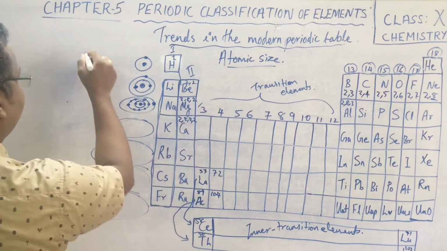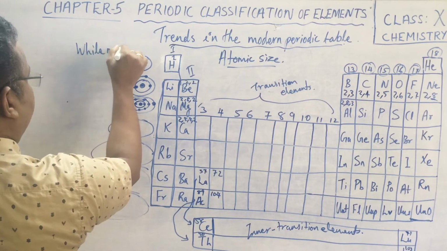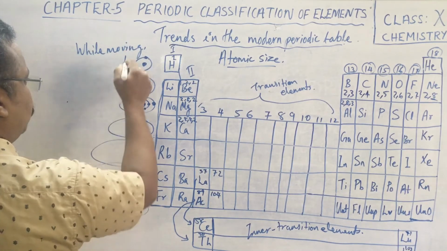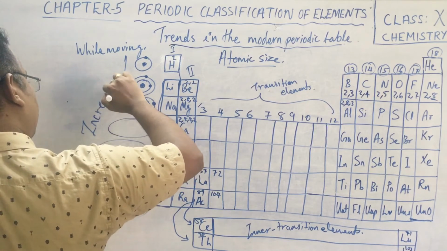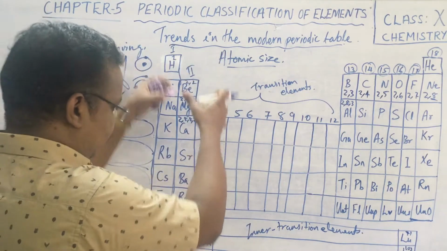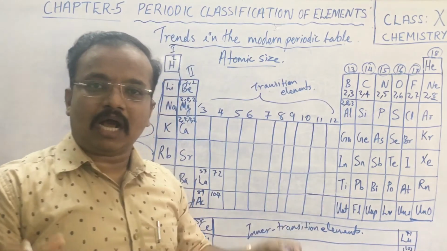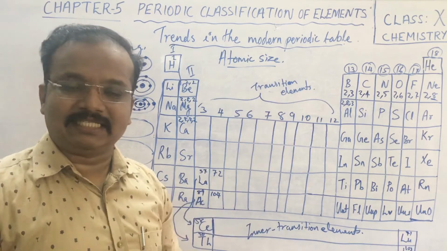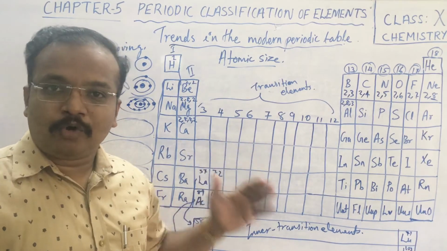So, children, what you have to write: moving down the group, atomic size keeps on increasing. In every group, atomic size keeps on increasing. There is no doubt, because the number of shells keeps on increasing.